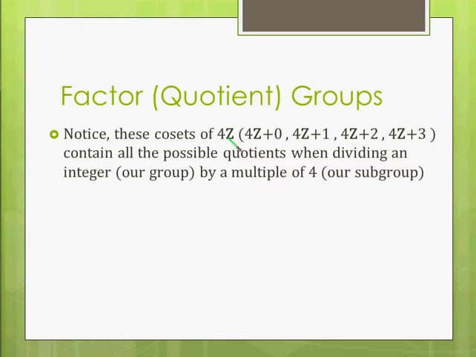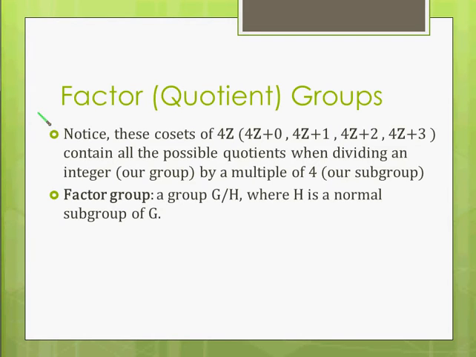Any number, when you divide it by 4, you're going to get an answer that you can put in one of these forms. And as we just showed, they make a group. So these four quotients make a group. So it's a quotient group. Sometimes it's not intuitive why the term is called what it is, but in this case it is.